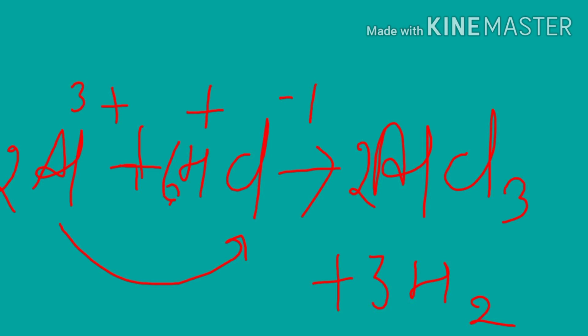When it is reacting with hydrochloric acid, it reacts with 3 atoms of chlorine, giving its 3 electrons. Chlorine accepts 1 electron, and as a result 3 chlorine atoms will accept the 3 electrons of aluminium, so it will form the compound AlCl3, and during this process the hydrogen gas will be released.